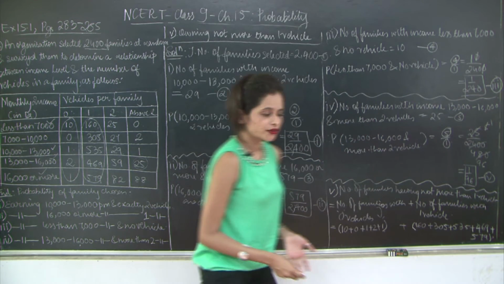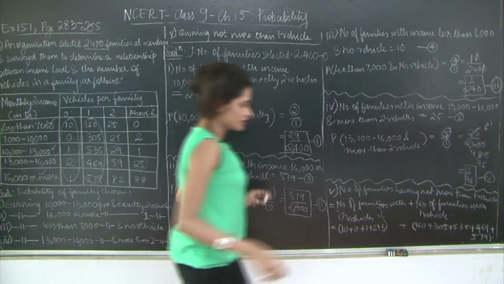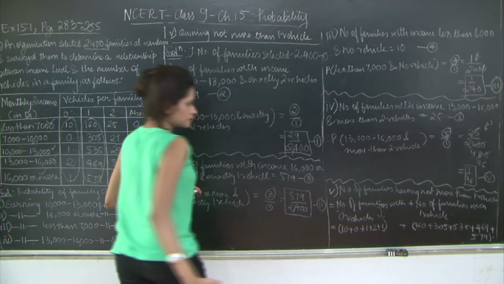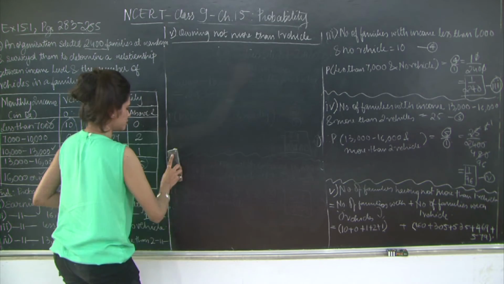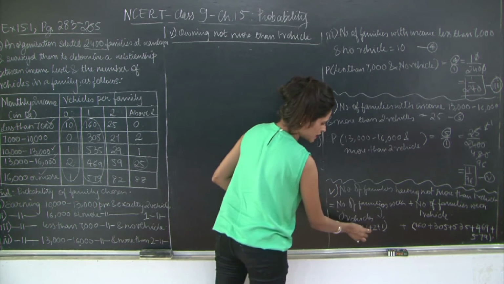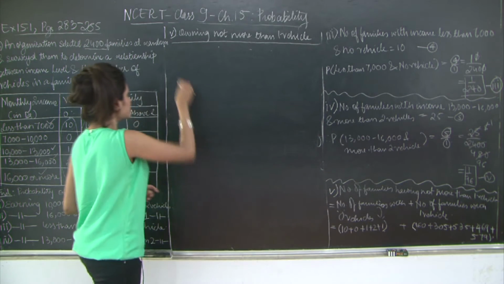Since we are running out of space, I am going to erase this section of the board. Please take a look while I just take the duster. I hope you've taken a note of all this. Alright, so let's add. This is very simple. 10 plus 1 is 11, 11 plus 2 is 13, 13 plus 1 is 14.